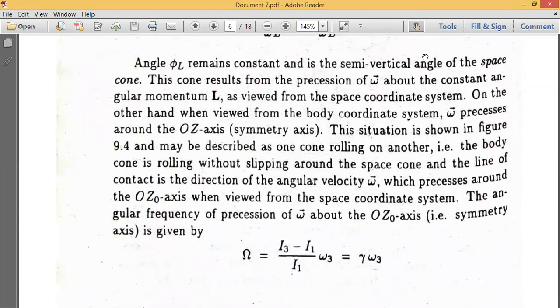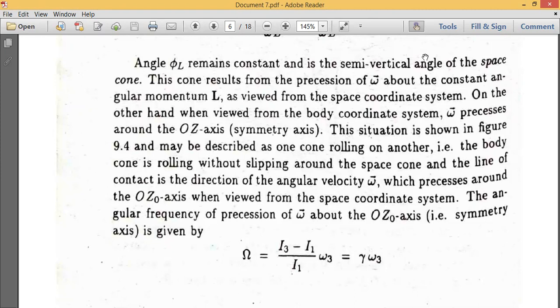Next, students, we have the angle phi L, which remains constant and is the semi-vertical angle of the space cone. This cone results from the precession of omega about the constant angular momentum, as viewed from the space coordinate system.